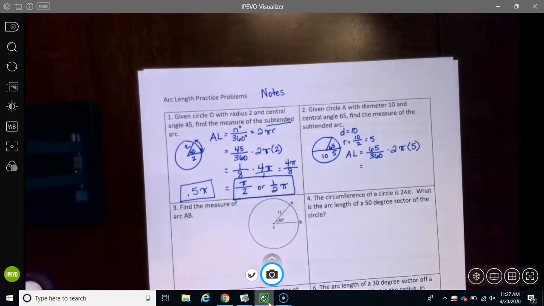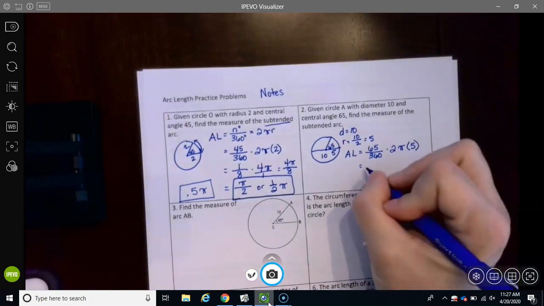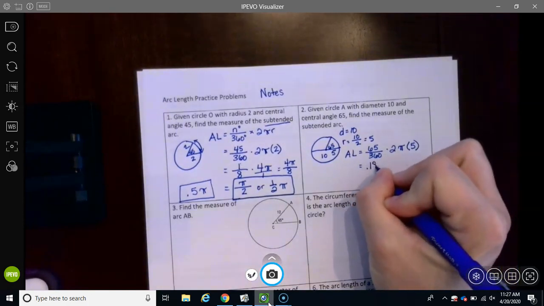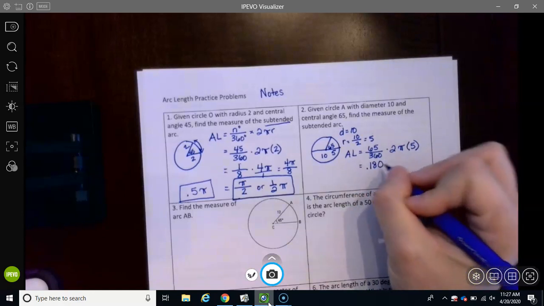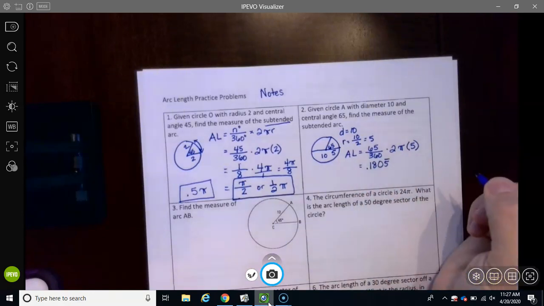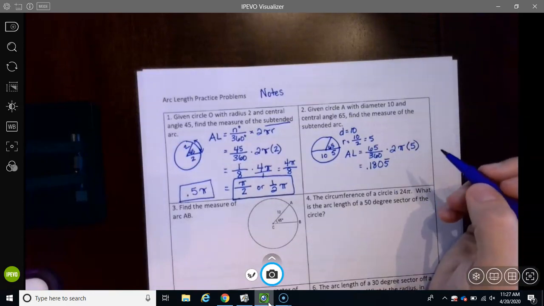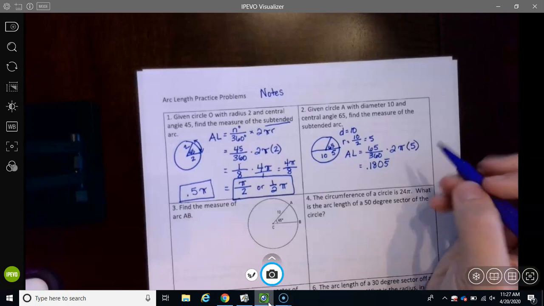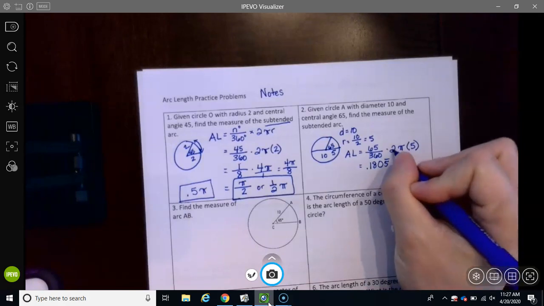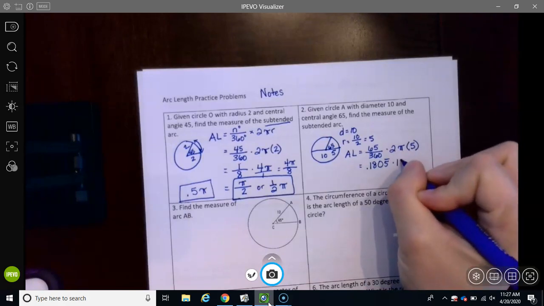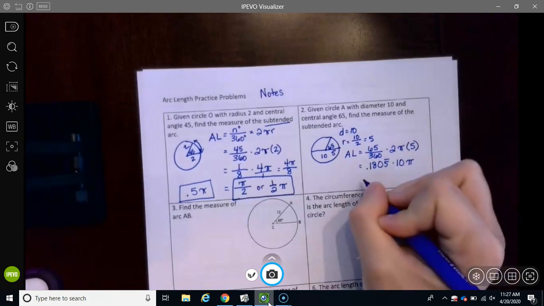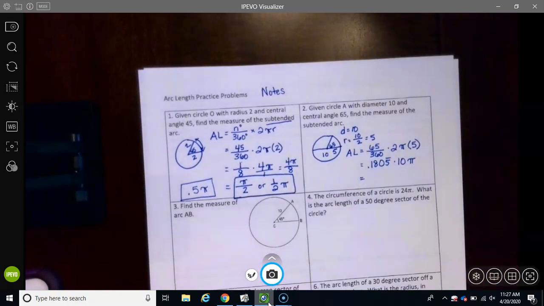So 65 divided by 360 gives me a long decimal, so it's like 0.180, and then it goes 5 forever and ever. It repeats the 5. So I would just leave it at 0.1805 is fine. Times 2 times 5 gives me 10, and then pi, so go ahead and multiply that times 10.